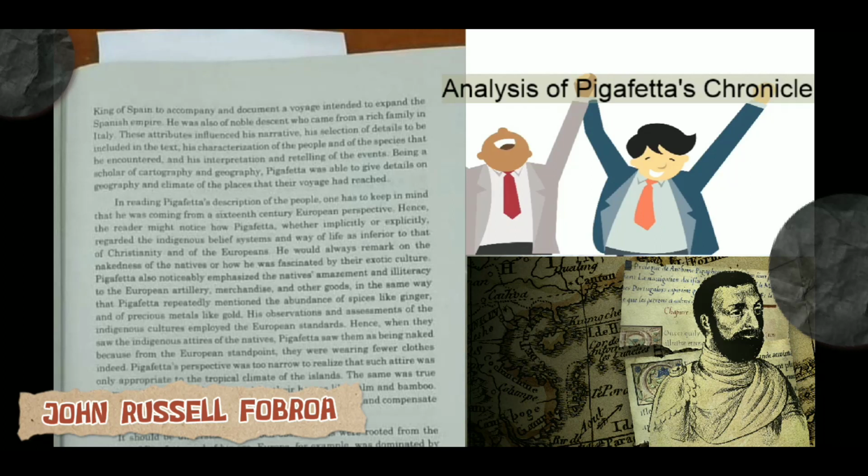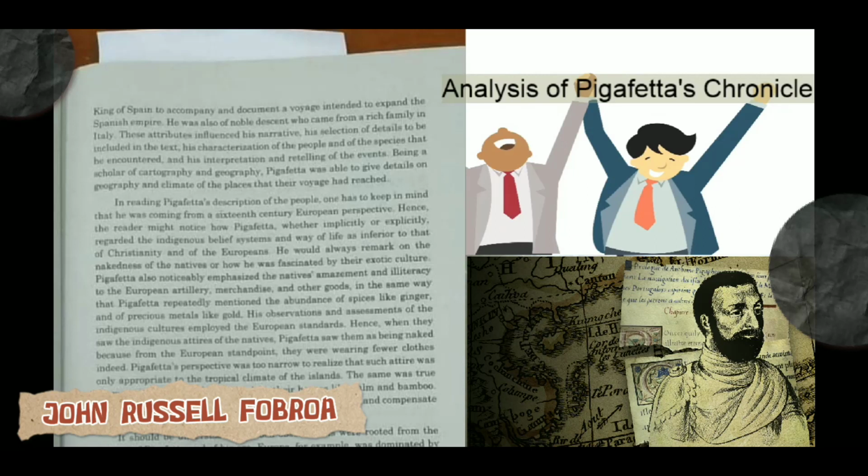Pigafetta also noticeably emphasized the natives' amazement at, and illiteracy about, the European artillery, merchandise, and other goods. In the same way, Pigafetta repeatedly mentioned the abundance of spices like ginger and of precious metals like gold. His observation and assessment of the indigenous culture employed European standards.